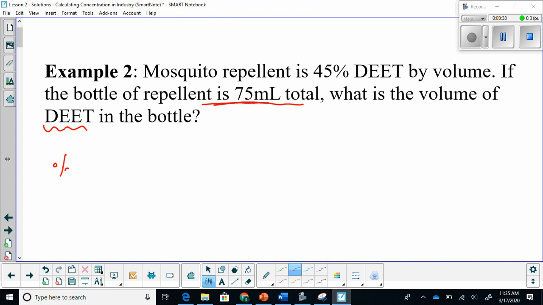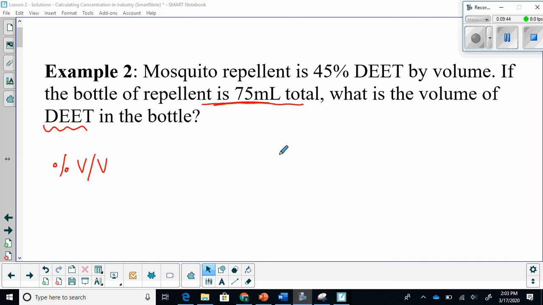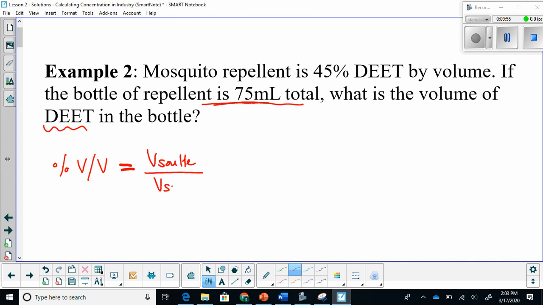Let's use our formula. Percent volume to volume is V solute, so this is the smaller amount, over V solution, which is the total amount, multiplied by 100. Let's go ahead and plug these values in now. The percentage is 45.